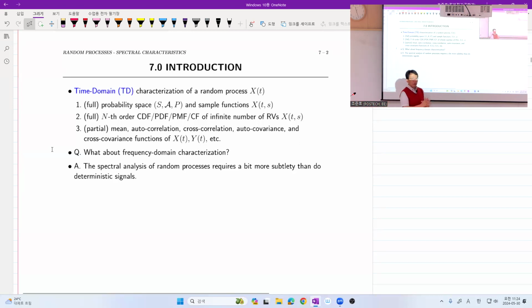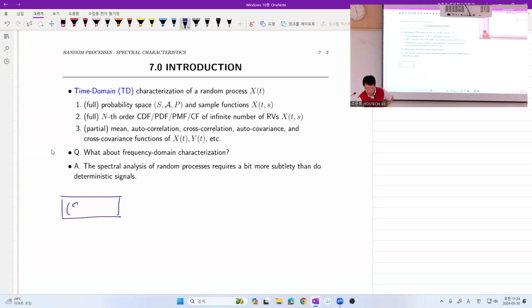So far, we characterized a random process in the time domain, right? And what was the most important thing? The full characterization always, now you have taken my course, and it's almost the end of the semester, so you must draw this one first, right? Sample space, event space, probability measure. So this is a random experiment modeled by the probability space, and here goes S. And the random process was simply a mapping rule parameterized by 2 parameters.